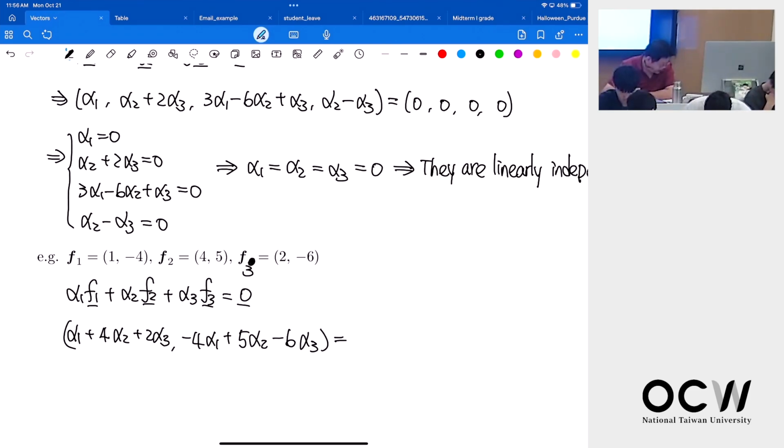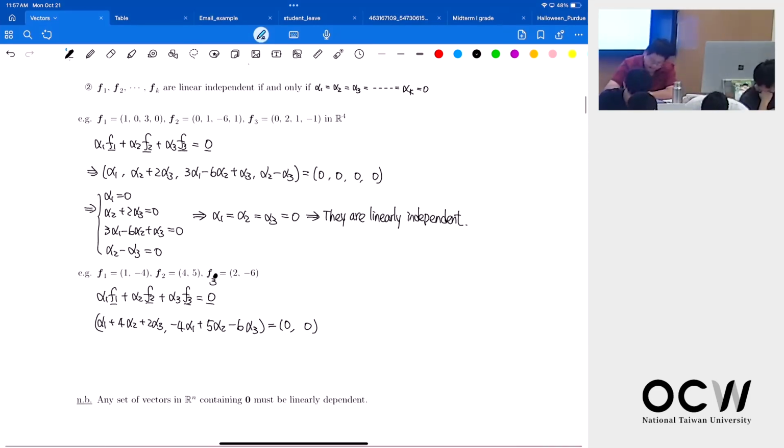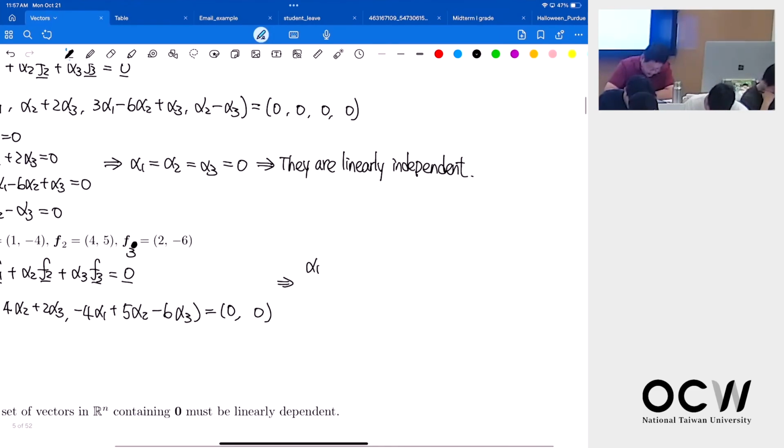It should be 0, 0. So we have alpha 1 plus 4 alpha 2 plus 2 alpha 3 should be 0, and minus 4 alpha 1 plus 5 alpha 2 minus 6 alpha 3 should be 0.